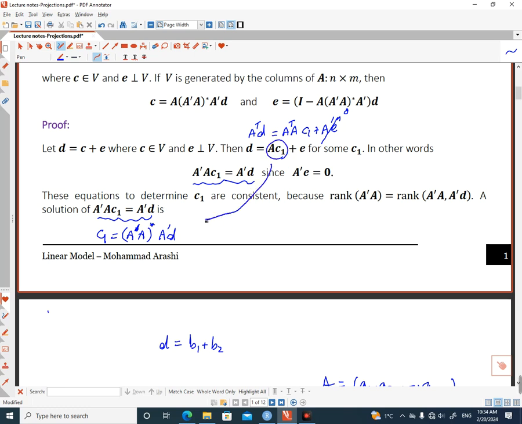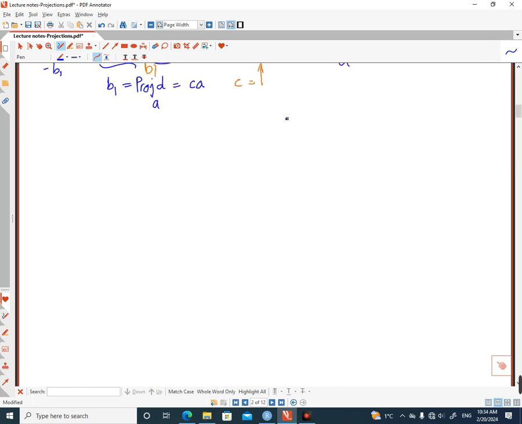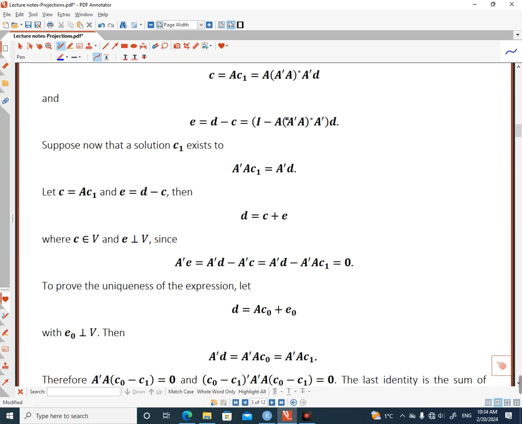So I'm connecting these two together, and C is A times the generalized inverse of A prime A times A prime D, and simply E follows. Okay, now suppose that a solution C1 exists for this equation, and let C equal A C1 and E equal D minus C.